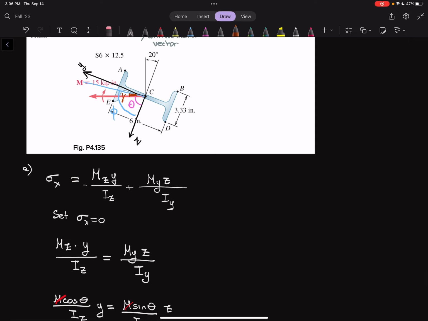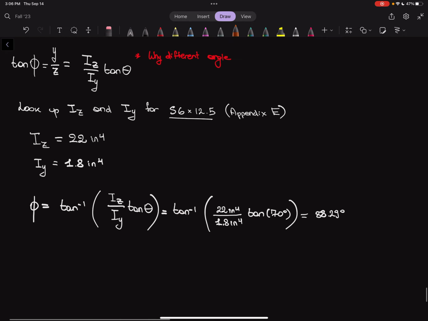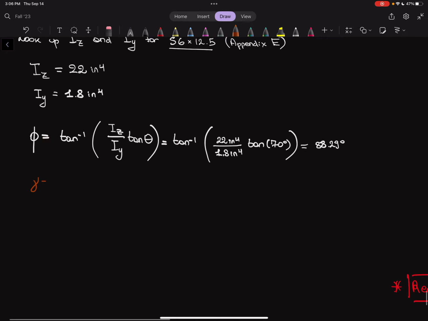And one thing you have to be careful of is subtracting one from the other. So you want to subtract phi minus theta. So we're going to say that gamma is equal to phi minus theta, where theta is this.